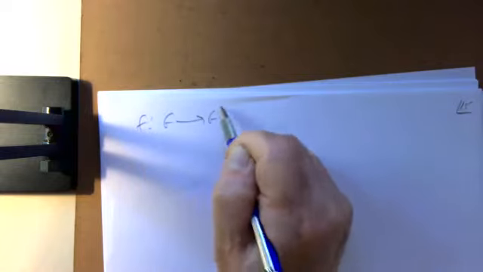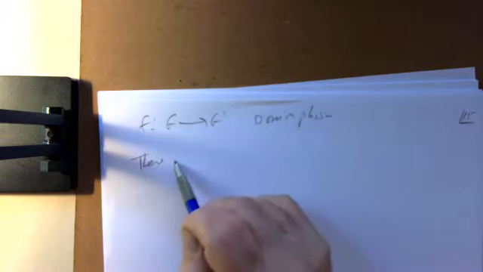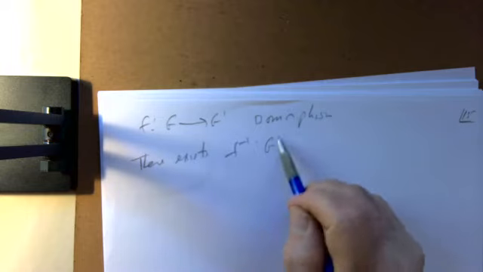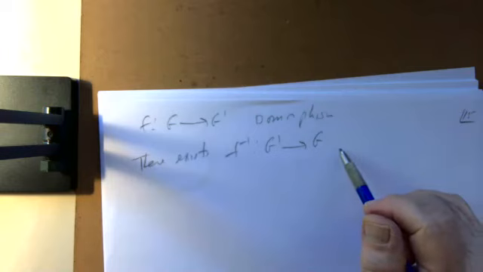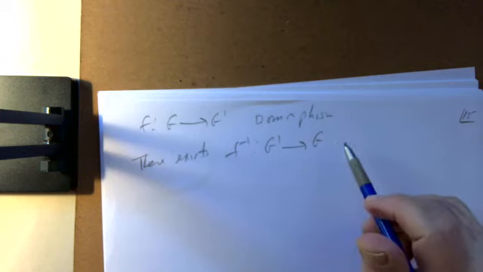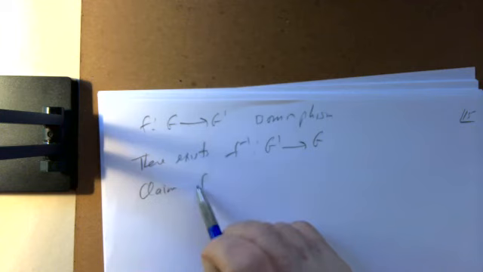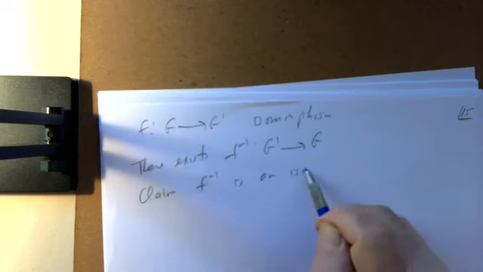So if f from G to G prime is an isomorphism, then there always exists a function f inverse from G prime back to G. There exists an inverse. And I claim that f inverse is an isomorphism also.